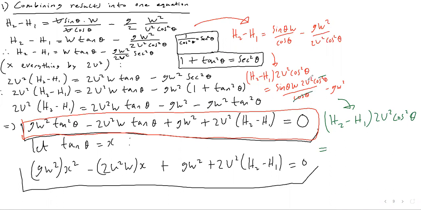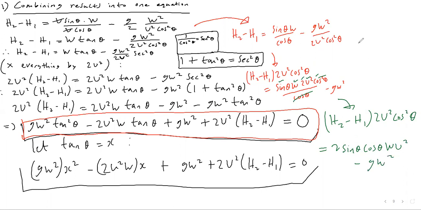So just rearranging that, we've got a number 2 there, a sine theta there, a cos there, and we've got a w and a u squared. So I'm just going to write w u squared. So 2, sine, cos, w, and u squared. And then take away this g w squared at the end there.